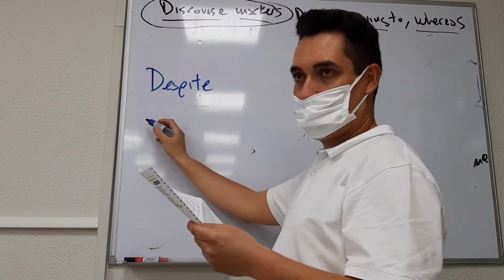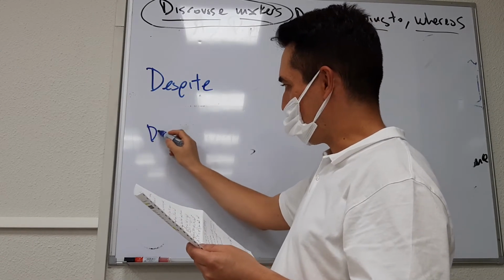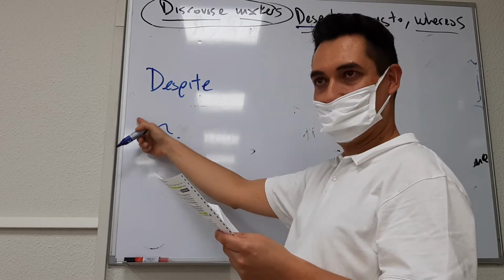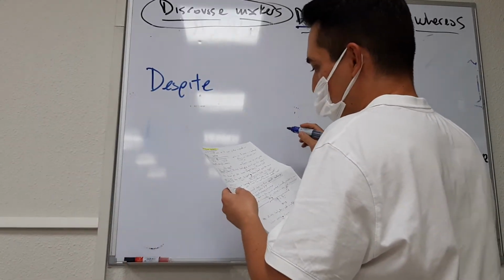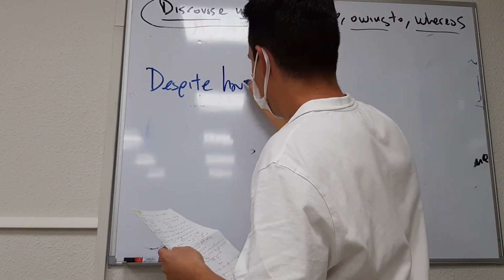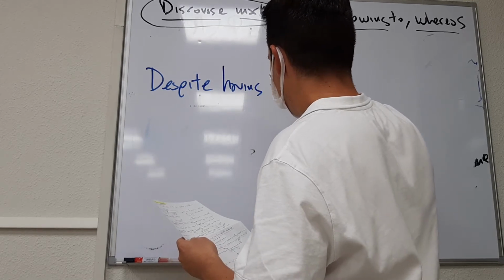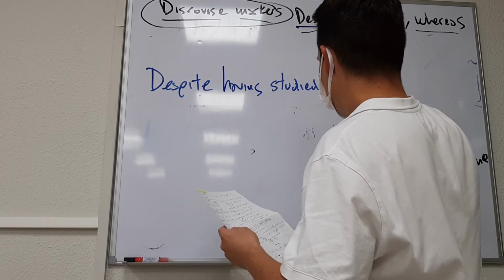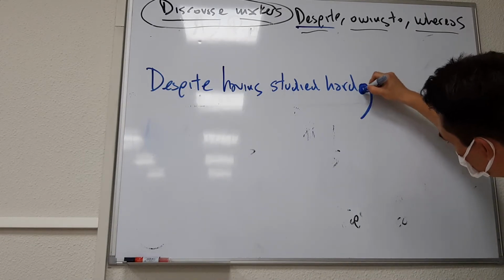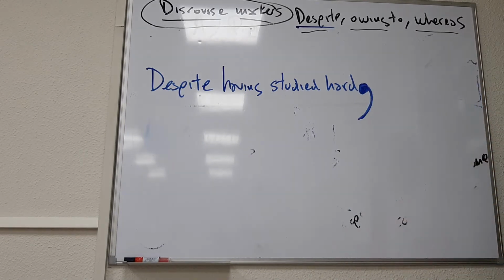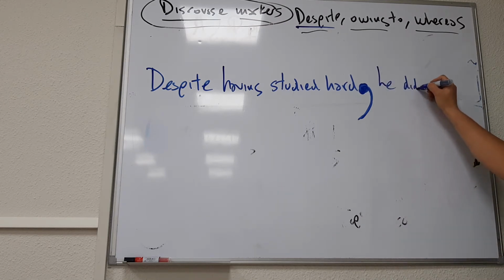Okay, so in the graph that I told you before, the discourse marker can also be at the beginning of the first clause. Despite having studied hard, comma, he didn't pass the exam.